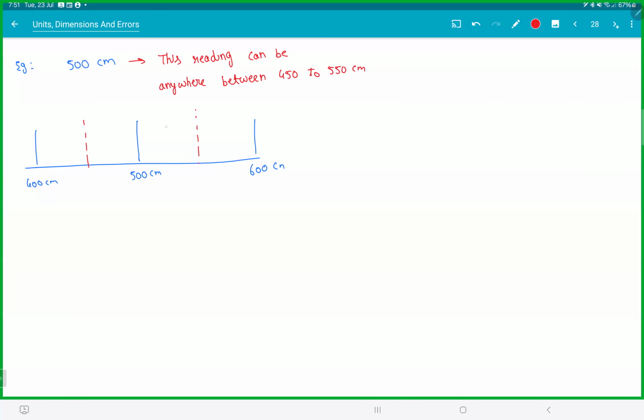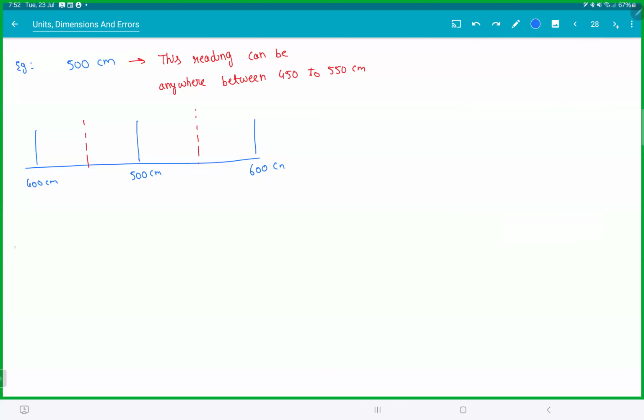Think about it. Suppose you get a reading here, what will the machine show? 500. If you get the reading here, what will the machine show? 500, isn't it? Because it knows only 400, 500, 600. It doesn't know anything in the middle. Are you getting my point? So if you just tell me 500, I will assume you used a very bad scale, which is giving only 100 centimeter divisions.